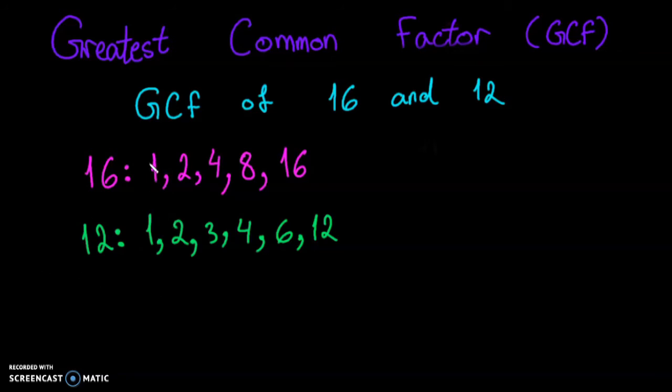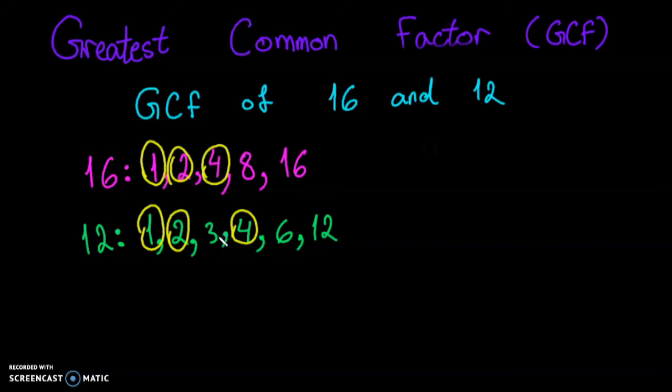And now we look at the numbers that are the same in both lists. So 1, 2, 4, and that's it. Now we take the highest number.